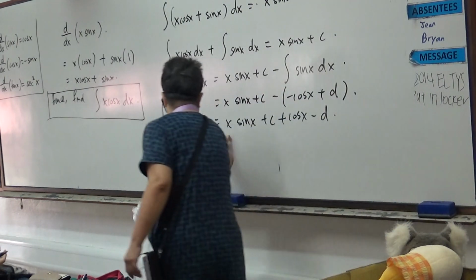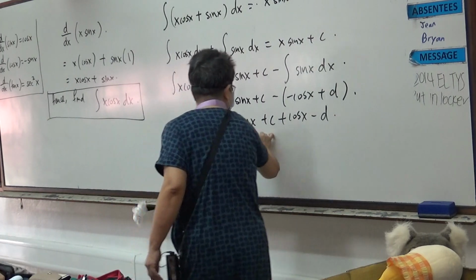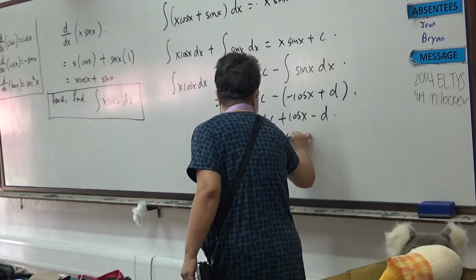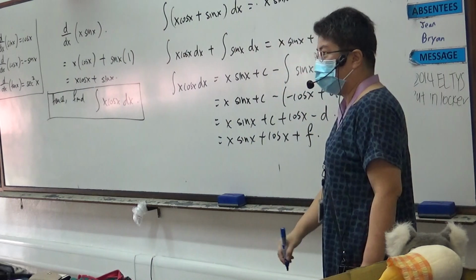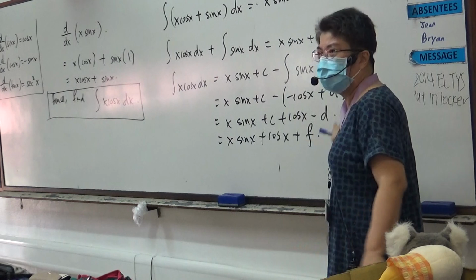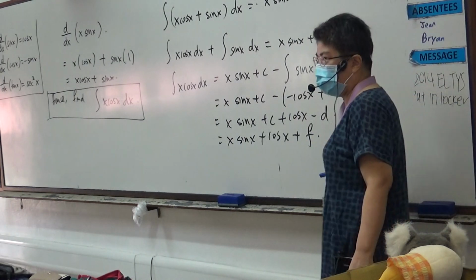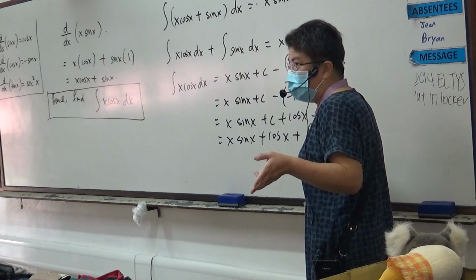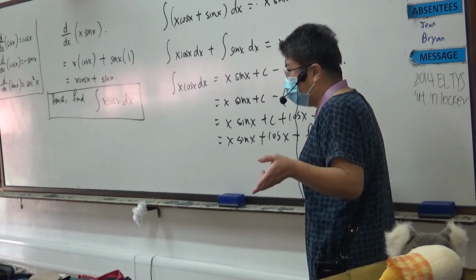So I will get x sine x plus cosine x plus F, where my F is C minus D. You don't need to write C minus D minus Z kind of thing. Just let it be F. Can you see I skip the letter E again? I don't use it.